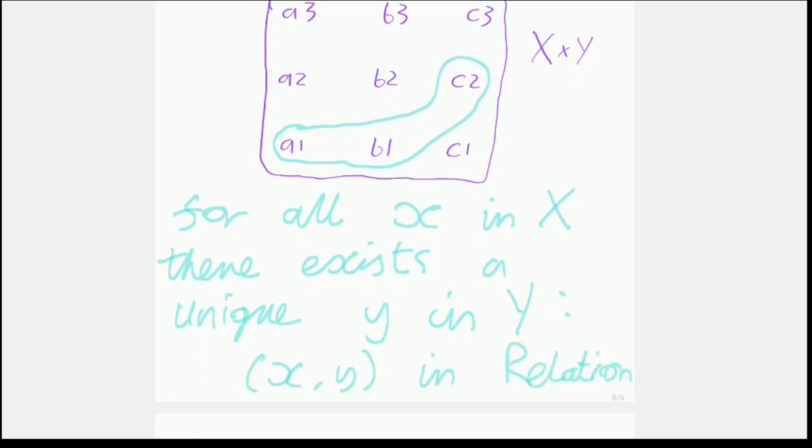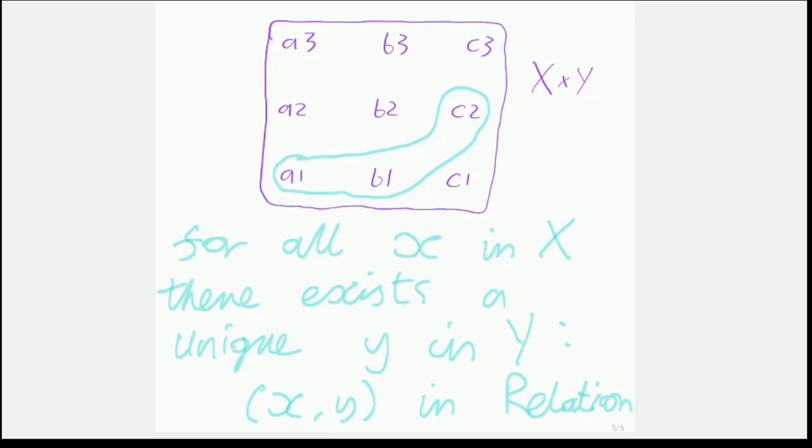Remember, when I say our relation, I mean the particular subset of x times y. So this gives us another way to think of a function. It's a bit more abstract.